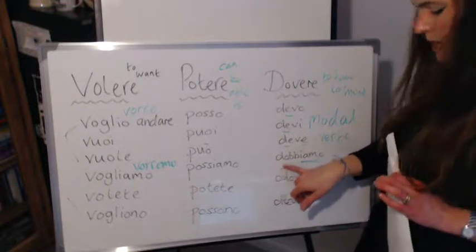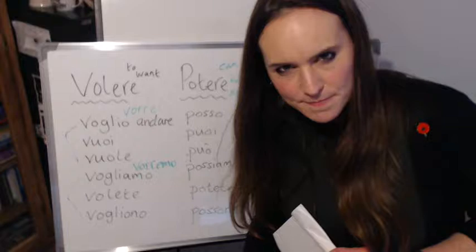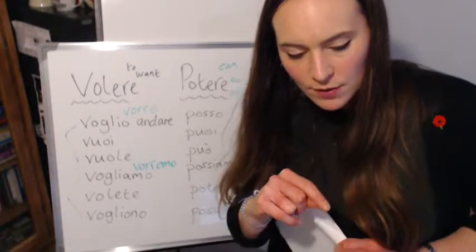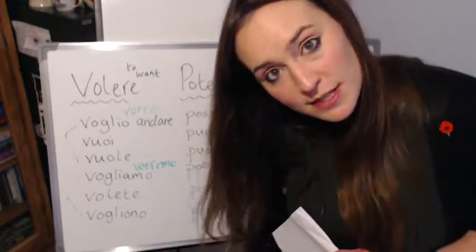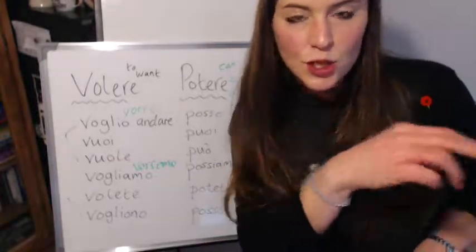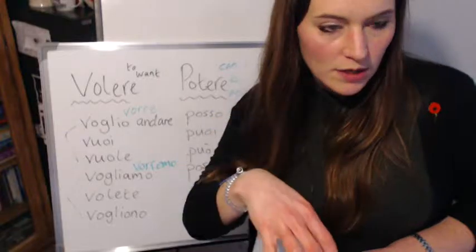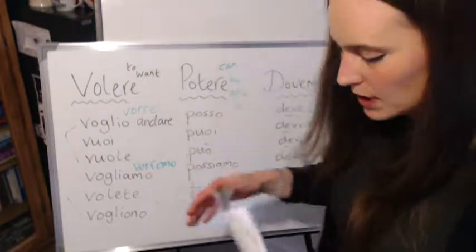We must, dobbiamo. To leave. Come si dice to leave? We did this a couple of weeks ago. IRE verb, partire. Sì, dobbiamo partire. We have to leave. A bit different to have to go, because to go could be to go somewhere, but to leave means that you're departing from a place. It doesn't tell you where you're going, it just says that you're not going to be at that place anymore.